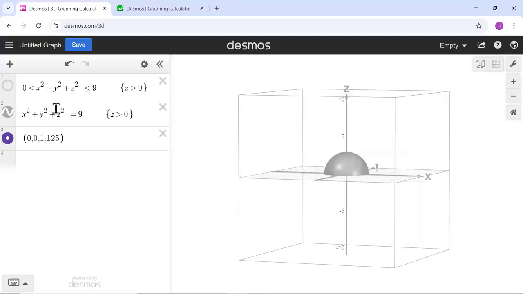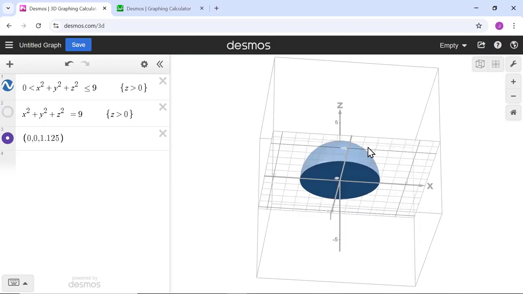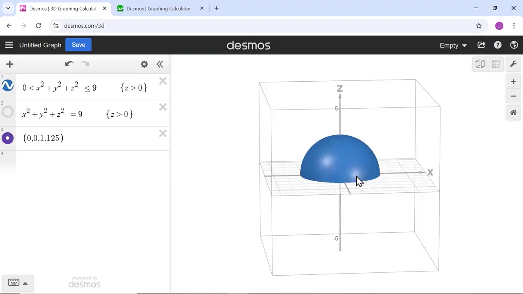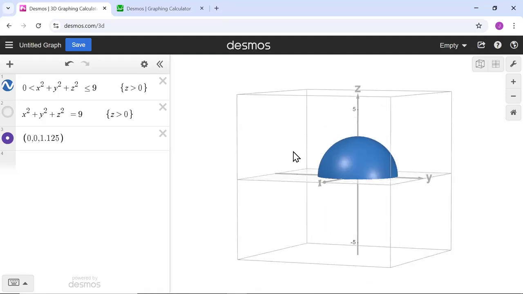Now, the actual thing we're finding the center of mass of is this sphere whose density function is 5. So it's going to be a solid half of the sphere, the upper half of that sphere, solid with a constant density of 5. Obviously, the center of mass is going to be somewhere in here.